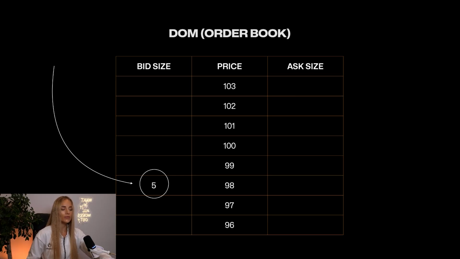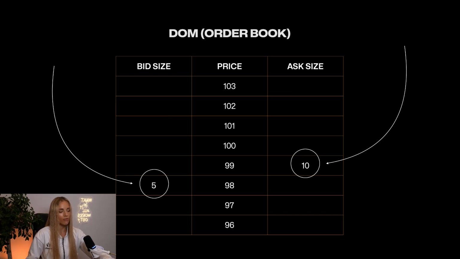He wants to buy 5 contracts, but he's not in a rush, so he places a buy limit at 98. He is our first passive market participant and his order appears on the bid side. Trader 2 wants to sell 10 contracts at 99, so he places a sell limit. And again, a passive order. So his sell limit now appears on the ask side.